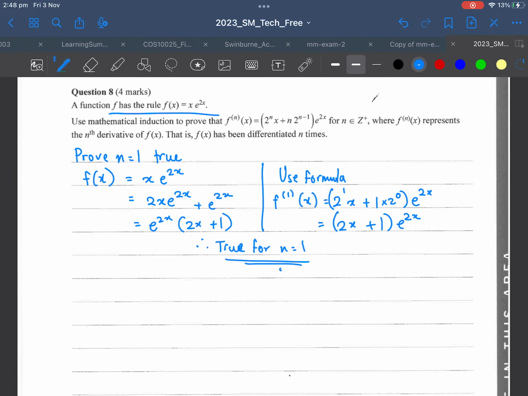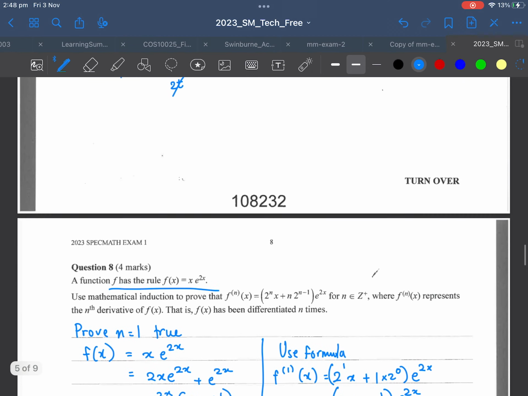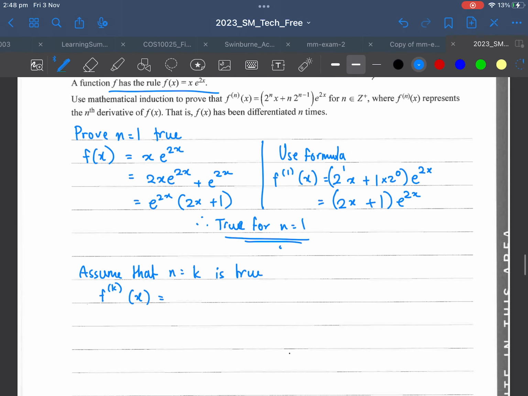Okay, now the second step is assume that n equals k is going to be true. So f of k of x is going to be, according to the formula, 2 to the power of k x plus k 2 to the power of k minus 1, all of it times e to the power of 2x.